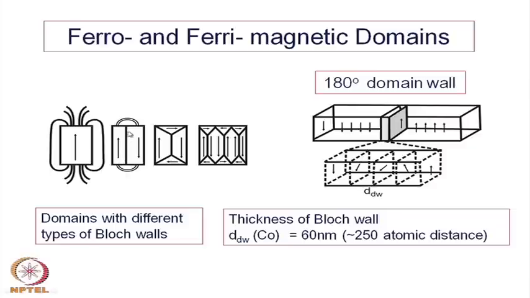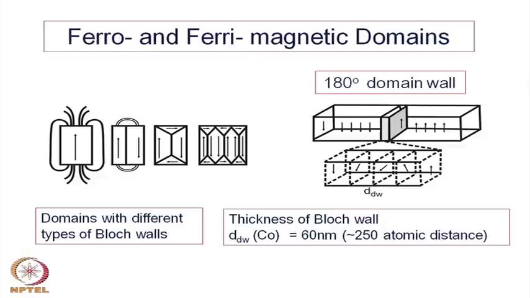Next one is a two domain structure, in which on the left we have one domain, on the right another domain, and one can see the left one has the magnetic moment pointing upwards, whereas the right one, the resultant magnetic moment of that particular domain, is pointing downwards.